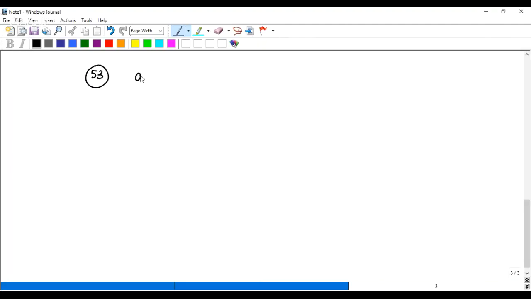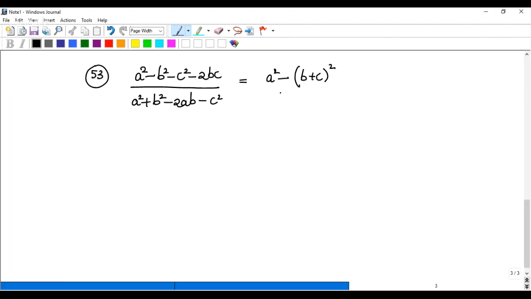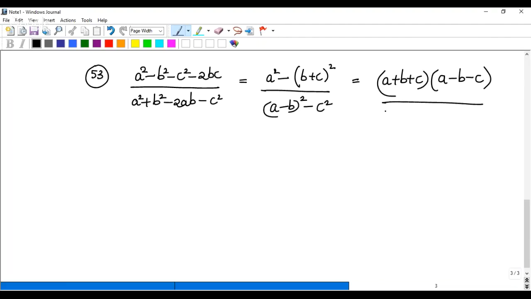53rd. Here as the value of a square minus b square minus c square minus 2bc by a square plus b square minus 2ab minus c square. This is a square minus b plus c whole square by a minus b whole square minus c square. Applying the concept of a square minus b square, it is a plus b plus c into a minus b minus c by a minus b plus c by a minus b minus c.